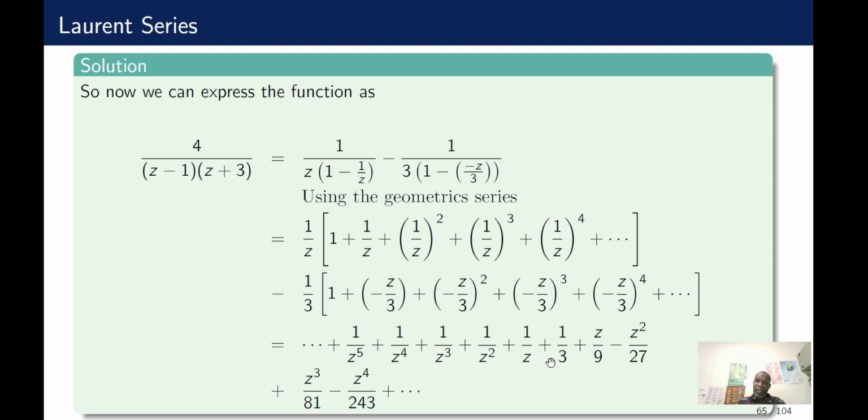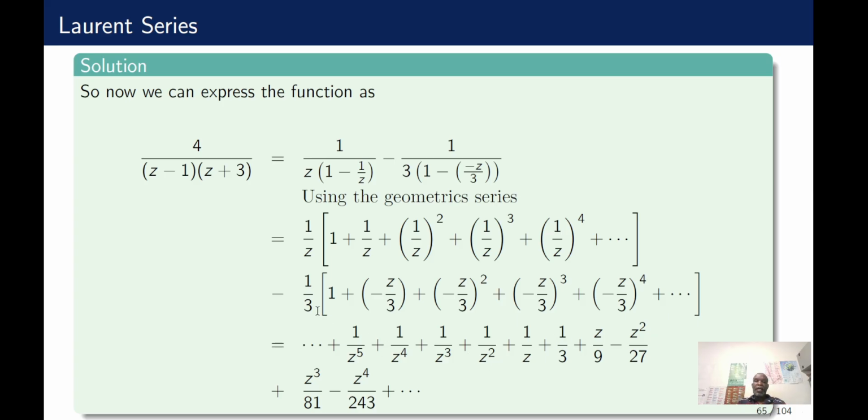So these are the negative terms, which have negative powers. For the second one, starting with the minus 1 over 3, you have to subtract another term there. For the 1 over 3 and the other ones, you are going to have positive powers.